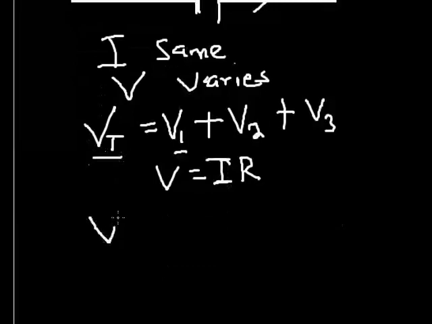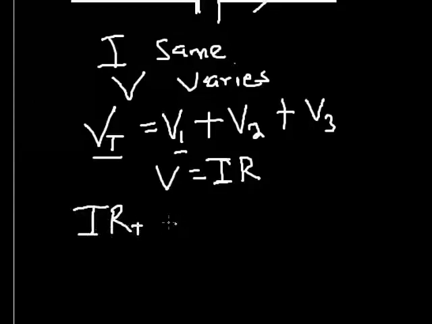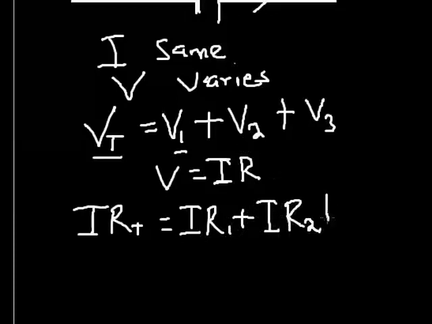For V total, I'm going to have I times R total, which is equal to I multiplied by R1, then plus, remember the I is the same, I for V2, I multiplied by R2, then for V3, I multiplied by R3, because V is IR and I is the same for series connection, okay.